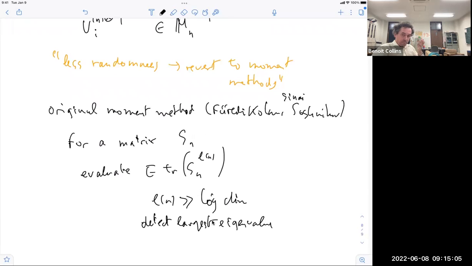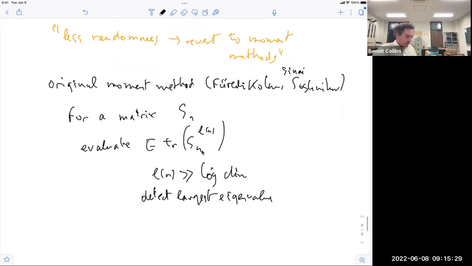Somehow this will basically behave like the L infinity norm, this quantity. At least if I take the Lth root of this, it will be basically the L infinity norm.